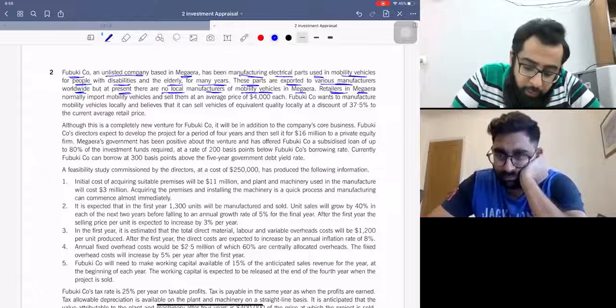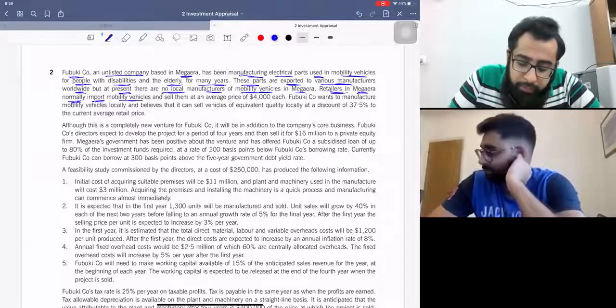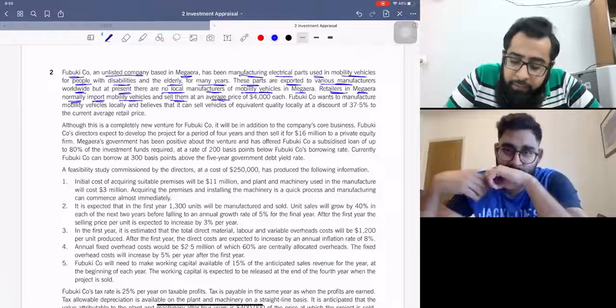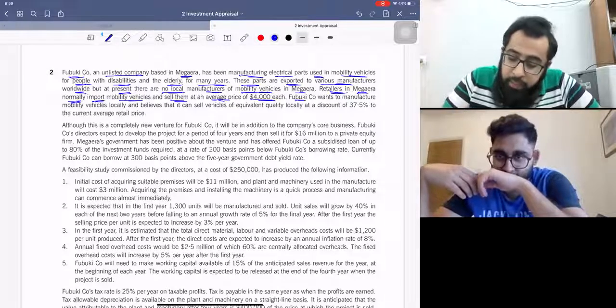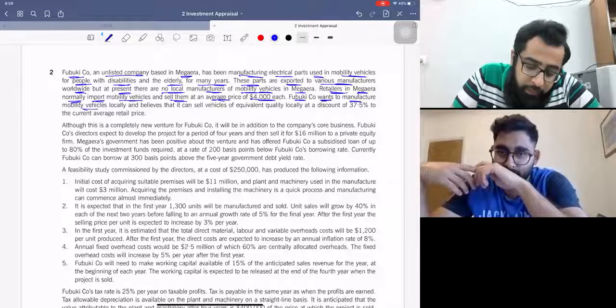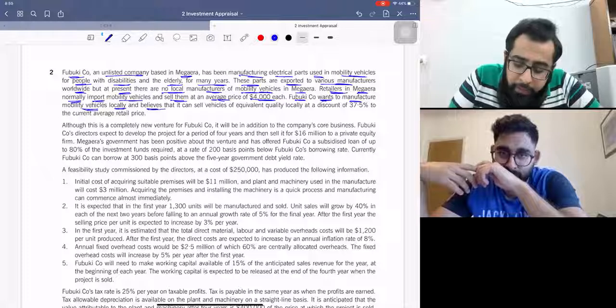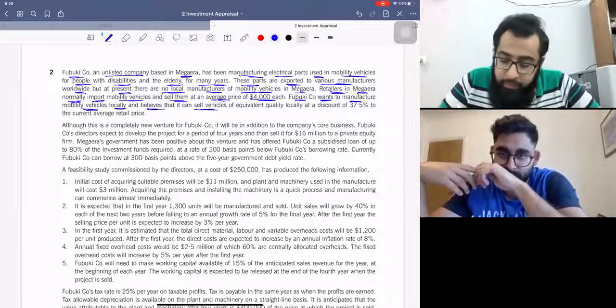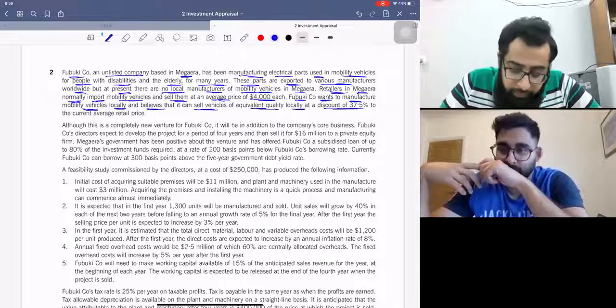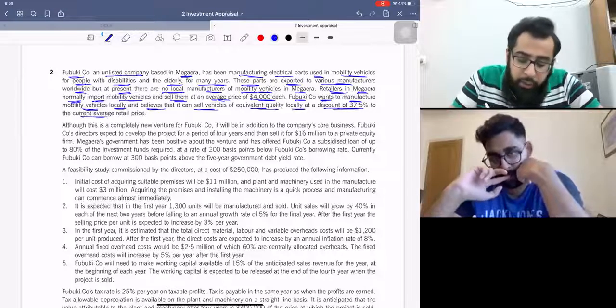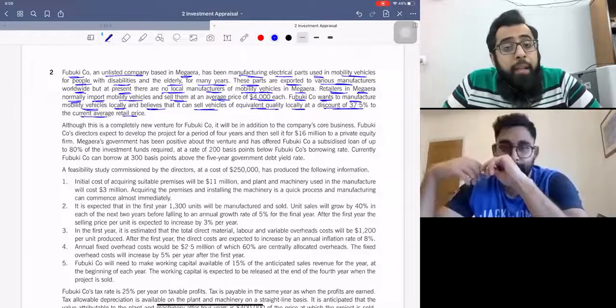Retailers in Migira normally import mobility vehicles and sell them at an average price of $4,000 each. Fubiki company wants to manufacture mobility vehicles locally and believes that it can sell vehicles of equivalent quality locally at a discount of 37.5% to the current average retail price.